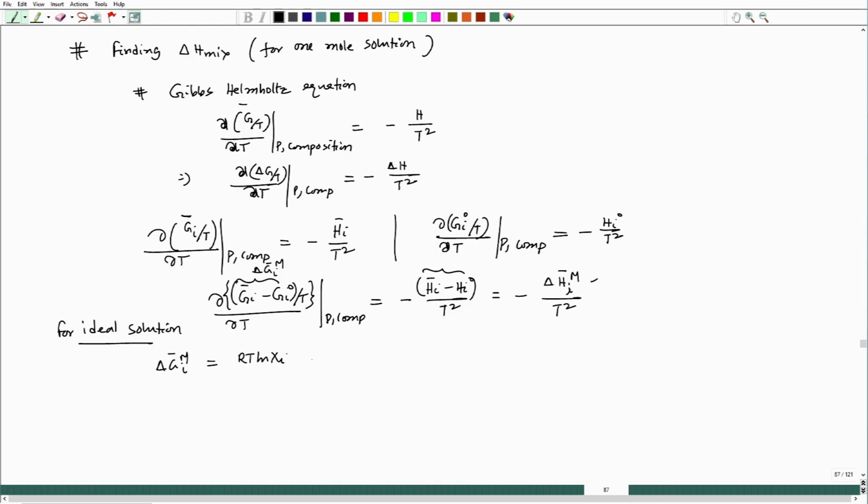Then if we go into delta G bar M I by T, it becomes R ln X I. So, if we take this expression, then we can write this.